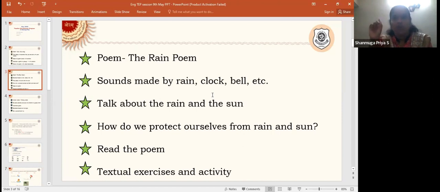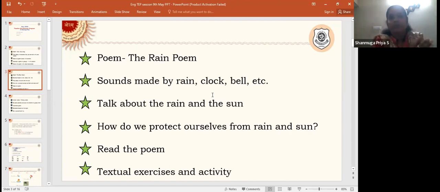So when I show one finger, the children should start clapping with one finger like this. And when I show two fingers, they have to clap with two fingers. And then three fingers. Then four fingers. And five fingers.